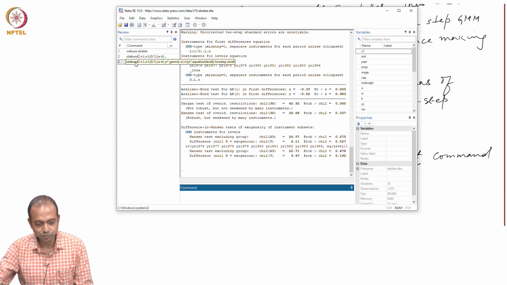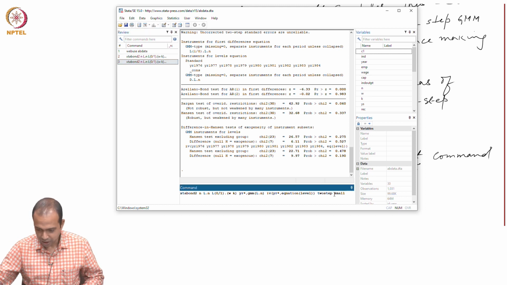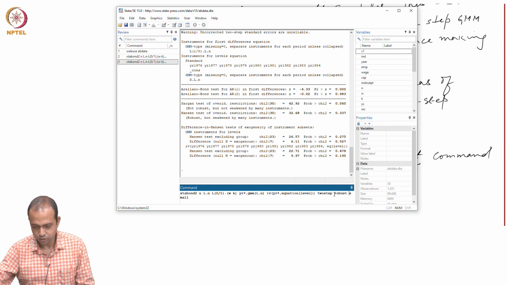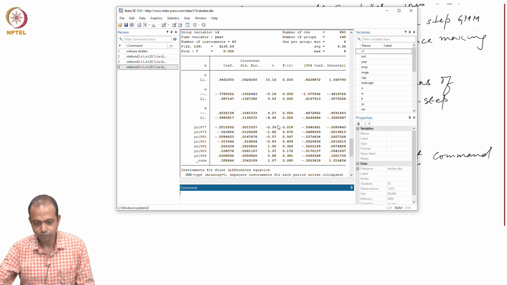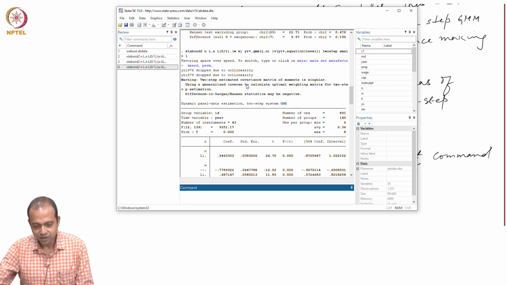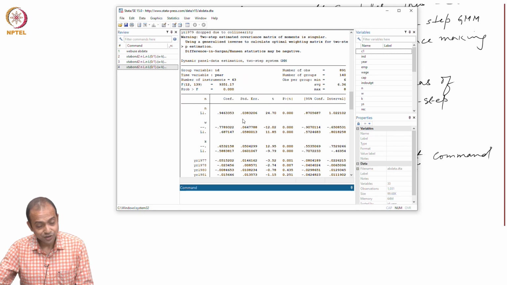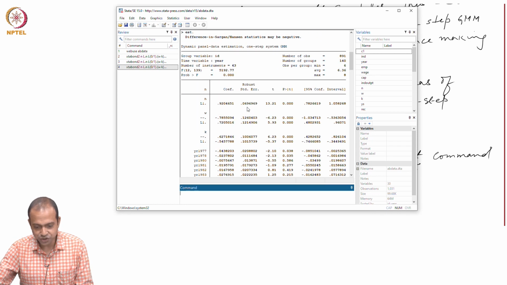So, what we will do now? We will put two-step and also robust, and then you see what is happening. Now, the standard error becomes 0.0624, which was earlier 0.03. So, again it has come back, and if you compare, this is 0.0696.